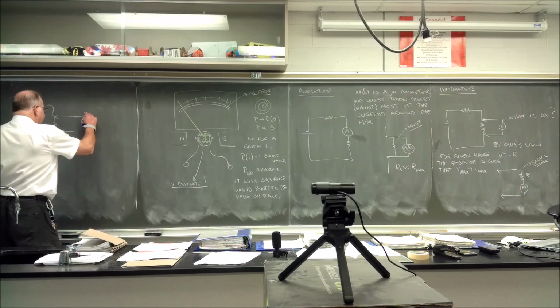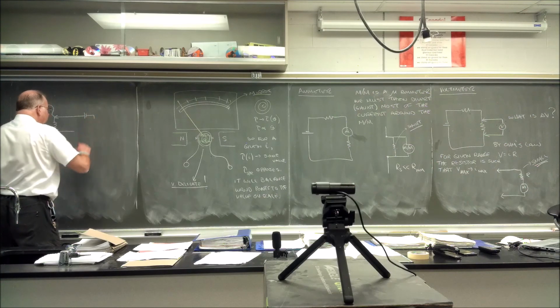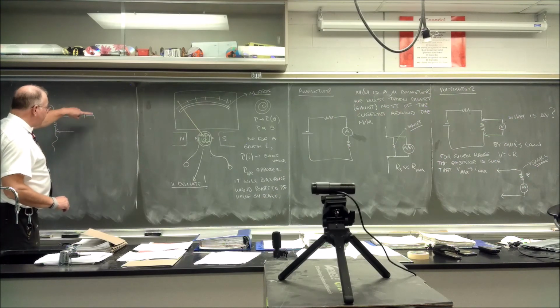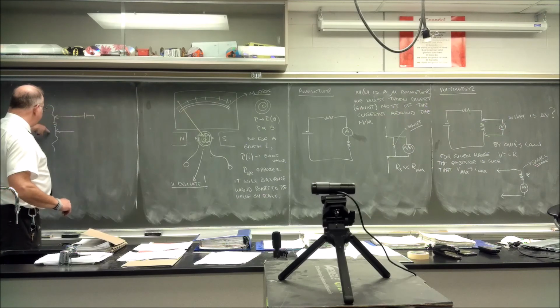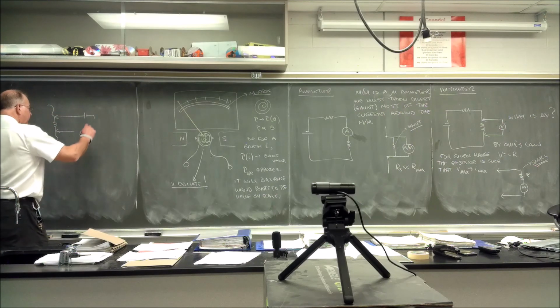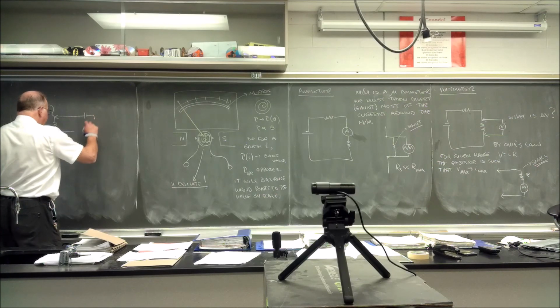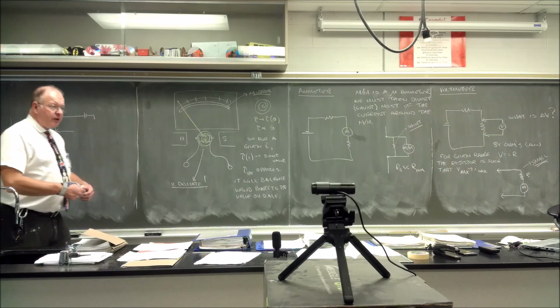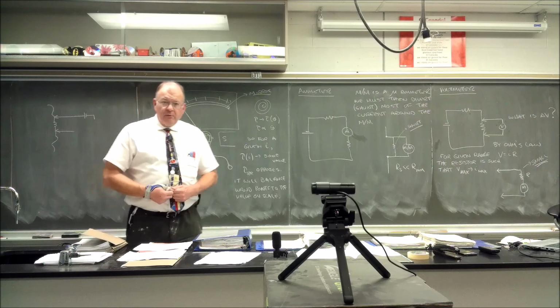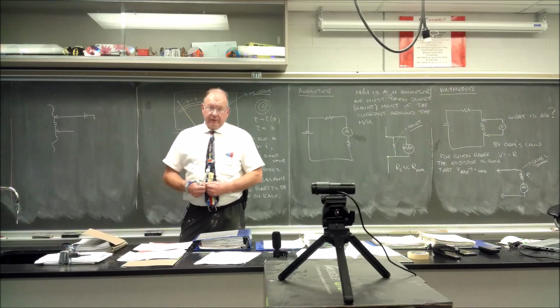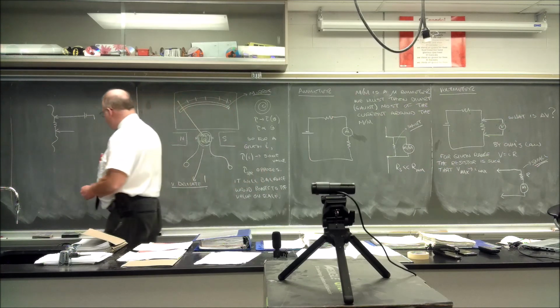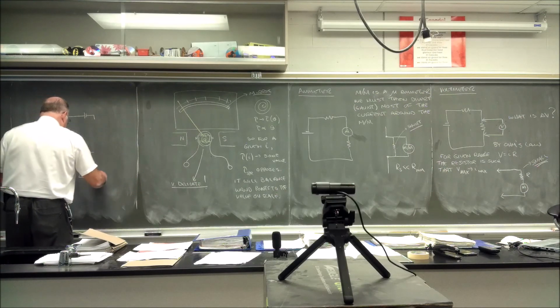But then you have a case here where we know the power supply, and there's a resistor, so the current is going to be what it is. If we short the two terminals together, we're going to get a maximum current.